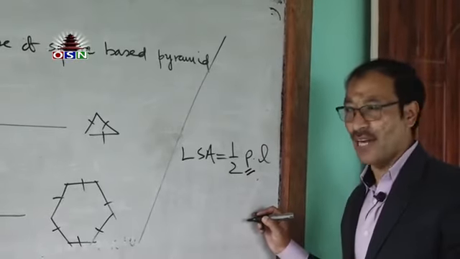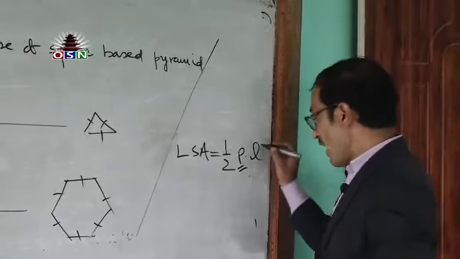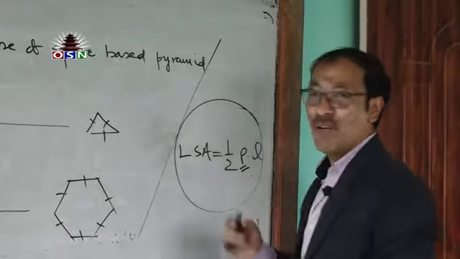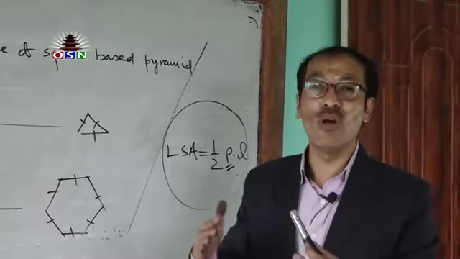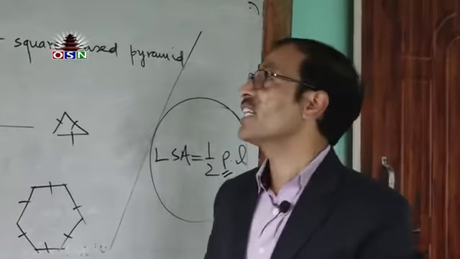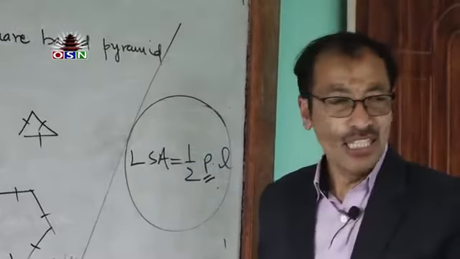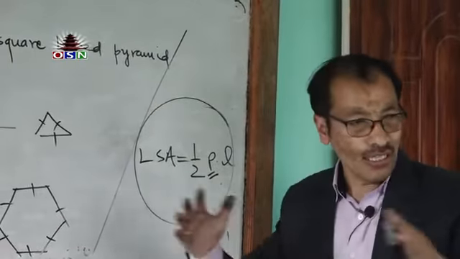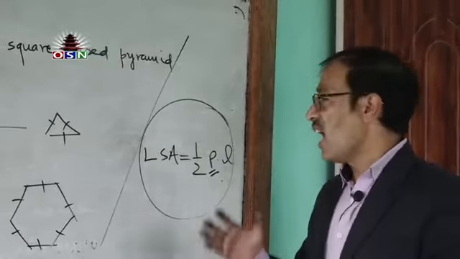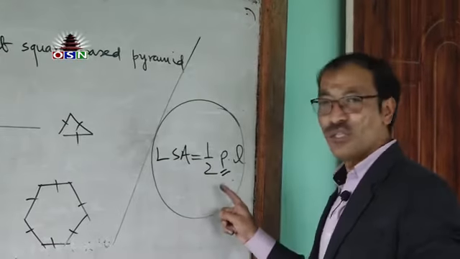I have already told you that. And this formula is applicable only in case of a regular base, a regular polygon. If all the sides on the base are equal, then only we can use this formula.